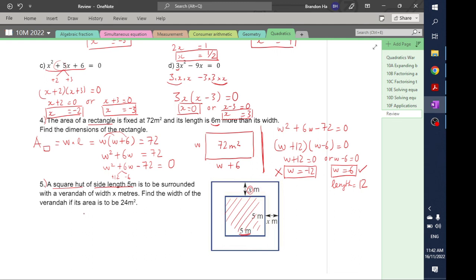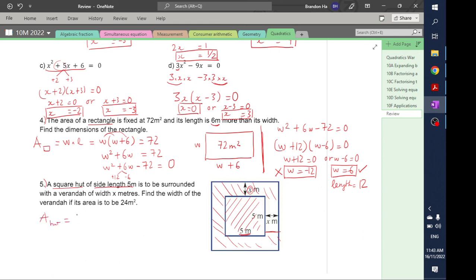Tricky. So they ask you to find this measurement from here to here, with the knowledge that the area of the veranda, which is the outside thing here, is 24 meters squared. How do we do this one? First we have the area of the hut.